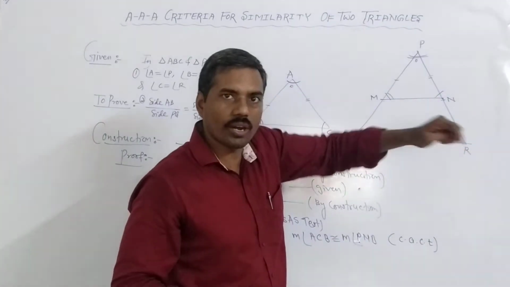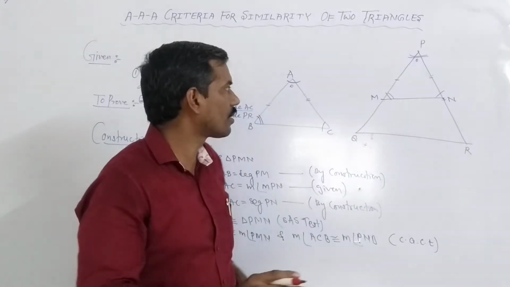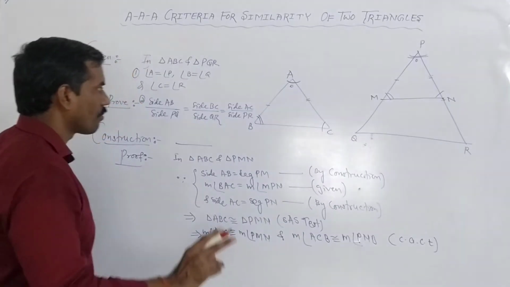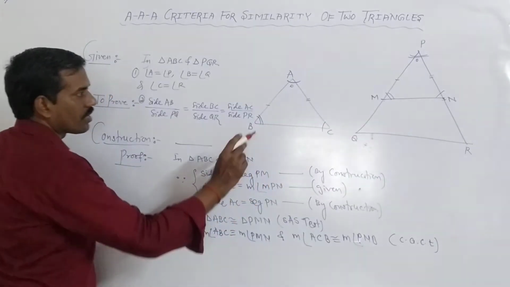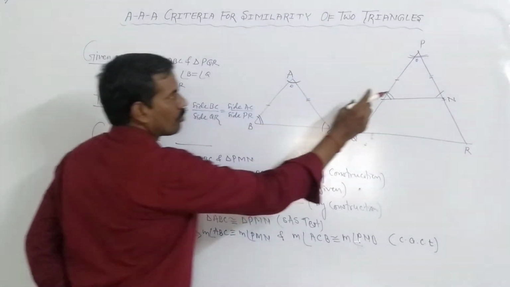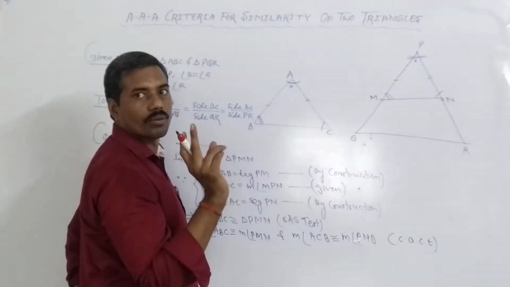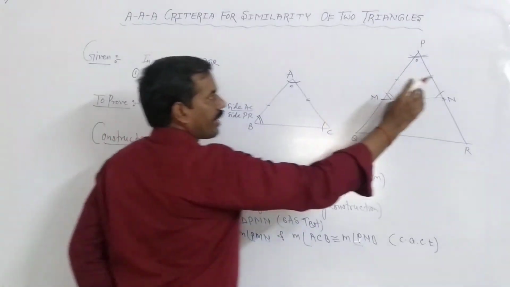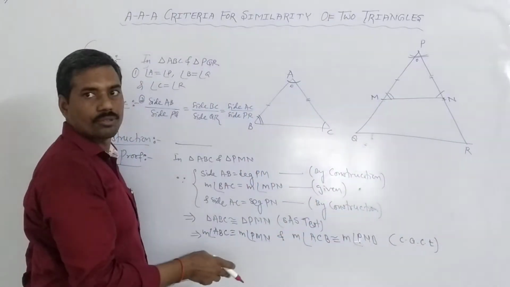We know that angle B is equal to angle M, as proved, and angle C is equal to angle N, as proved.